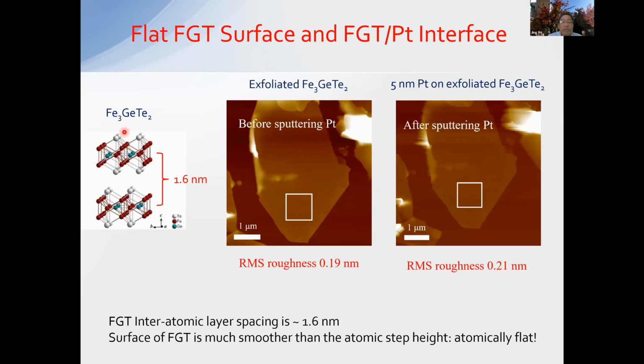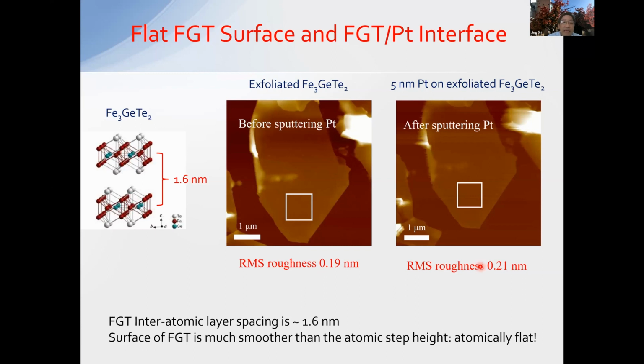Before deposition, this is a typical piece of FGT. We see the RMS roughness is barely about 2 angstroms. After a 5 nanometer platinum deposition on top, it is essentially the same. The roughness slightly increased, but it's still about 2 angstroms.